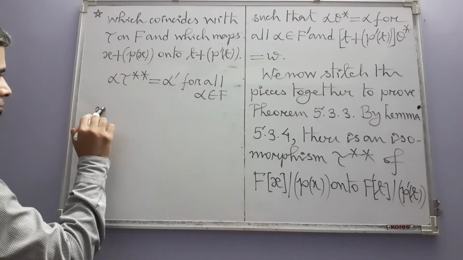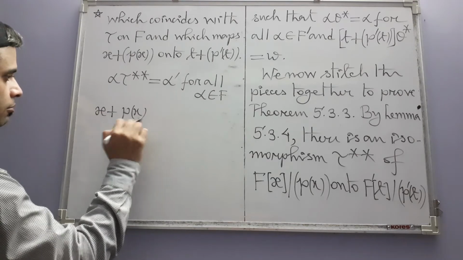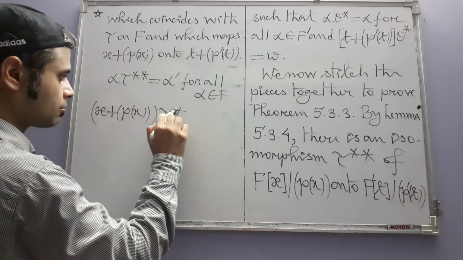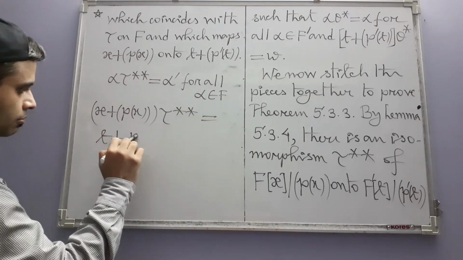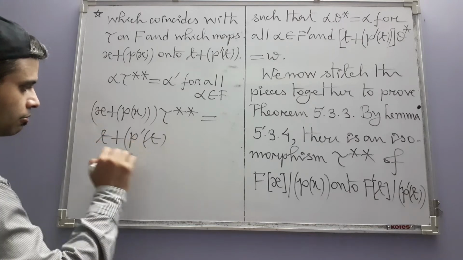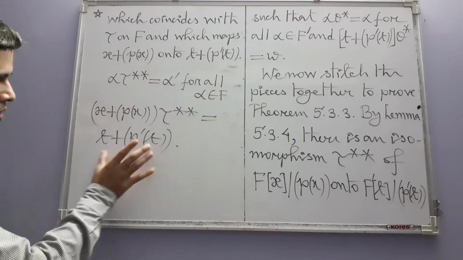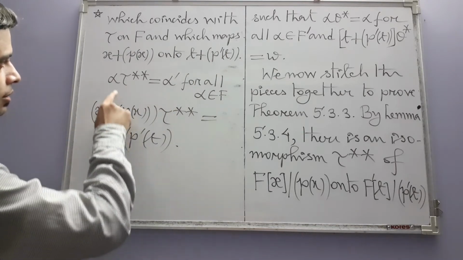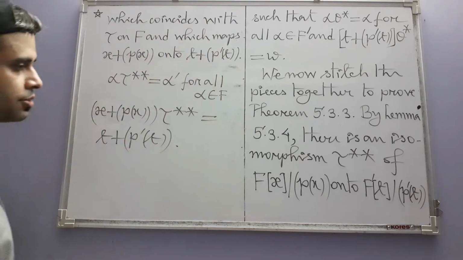And it maps this onto this is of course clear, but what is this? And how is this the same as this? Coincides with tau means what?